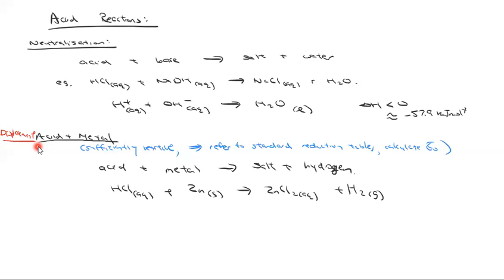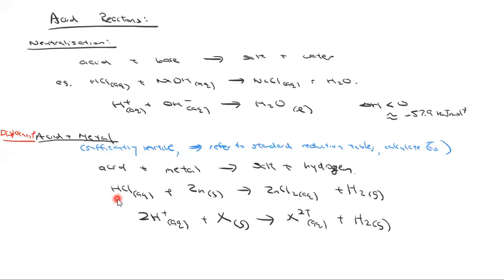If you examine the net ionic equation for this one, it's going to be 2H+ aqueous plus, for zinc, it would be zinc solid, but let me just generalize this as X solid. So it would be X2+ plus H2 gas.